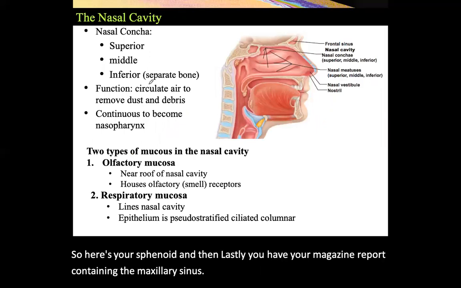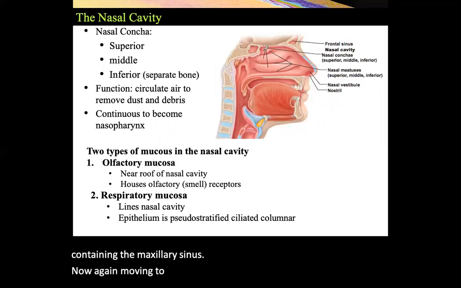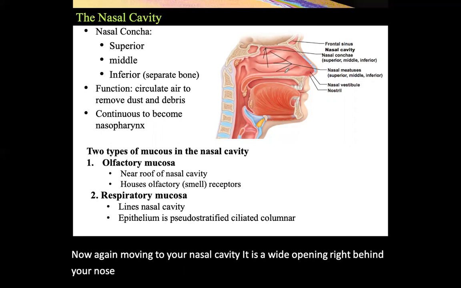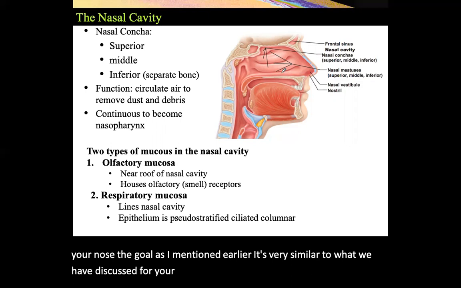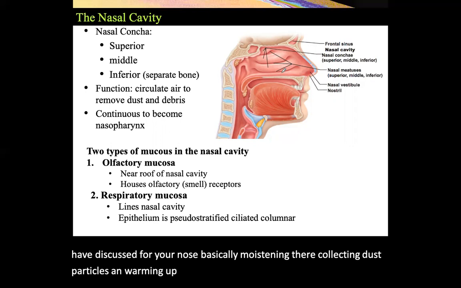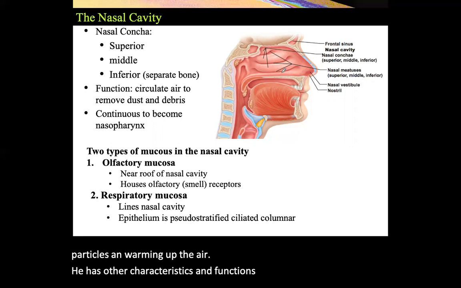Now, again, moving to your nasal cavity, it is a wide opening right behind your nose. The goal, as I mentioned earlier, is very similar to what we have discussed for your nose: basically moistening the air, collecting the dust particles, and warming up the air. It has other characteristics and functions, but for now, we're just going to keep that simple.